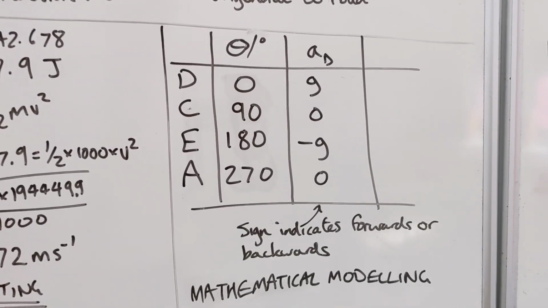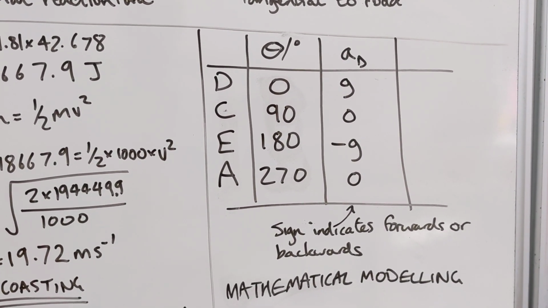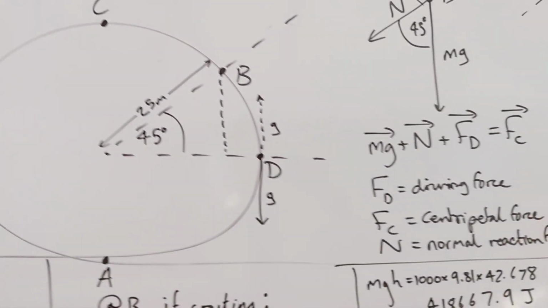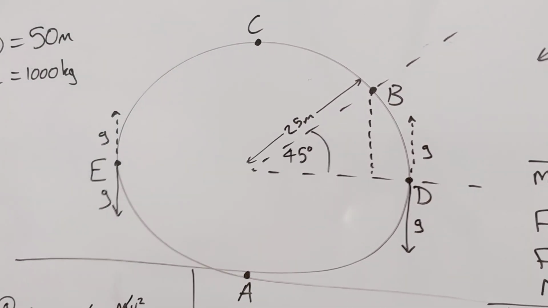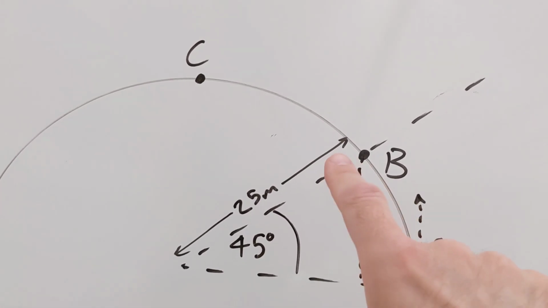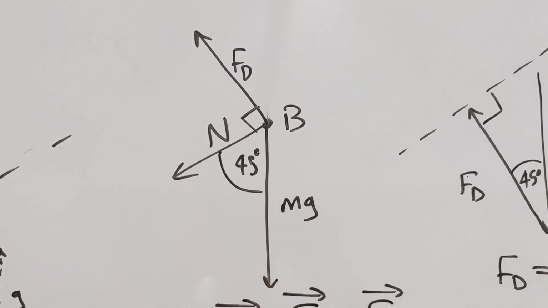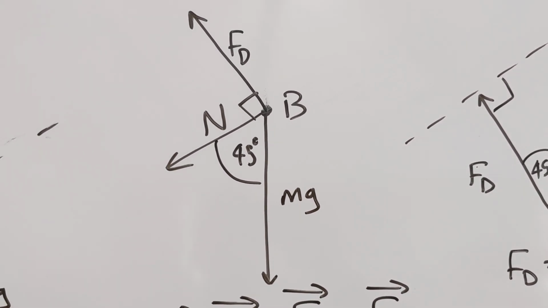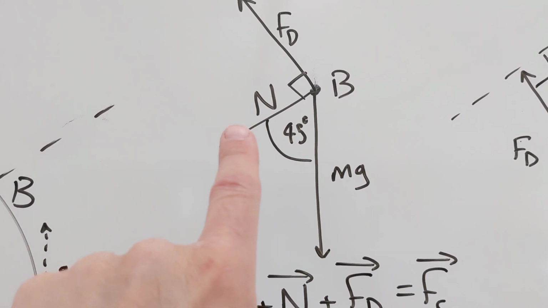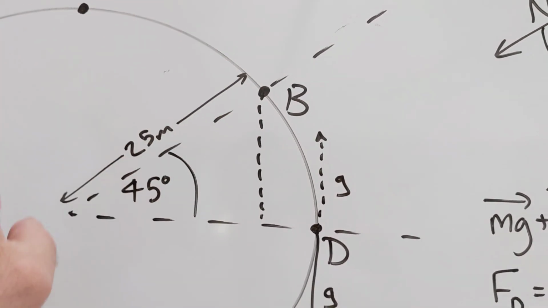However, none of them did that, and they tried to look at this more as a mechanics problem than a mathematical modelling problem, and that's okay. So let's look at it as a mechanics problem. And let's first of all draw the vectors, a free body diagram at B. If we draw a free body diagram at B, we end up looking like this, where the normal reaction force from the road is always going to be perpendicular to the driving force by virtue of the fact that this is a circle.